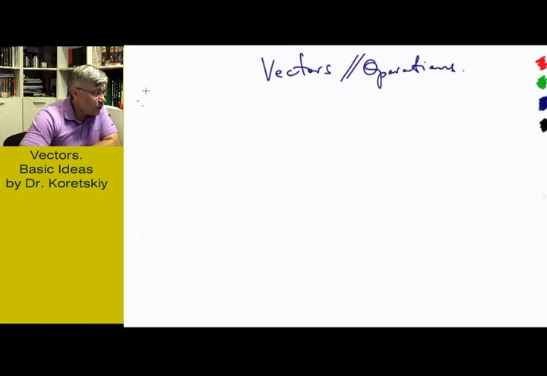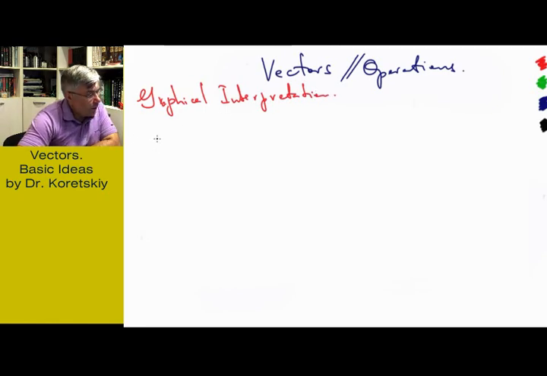Some graphical interpretation. Okay, for example, lambda a. Lambda positive, for example, and more than 1.